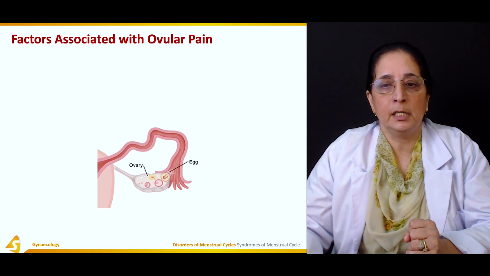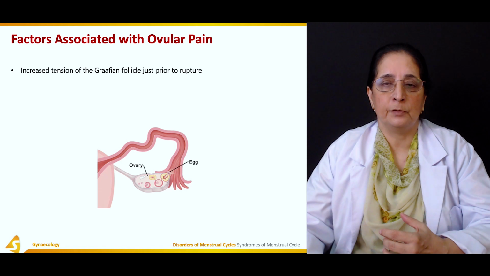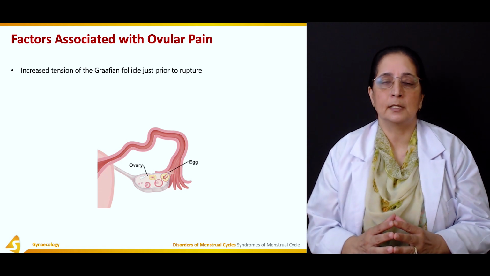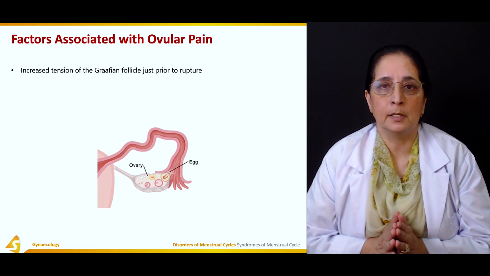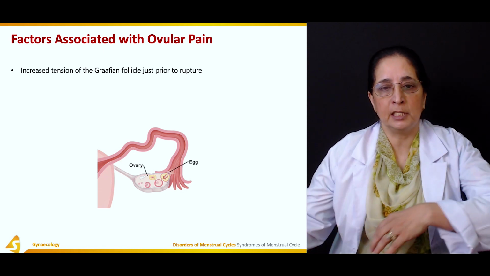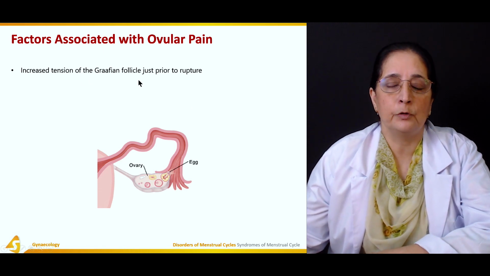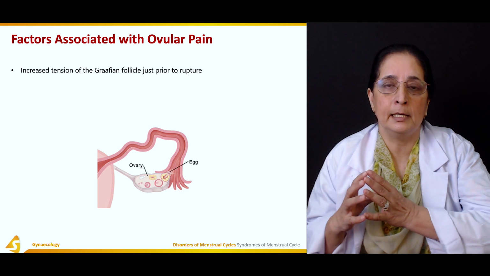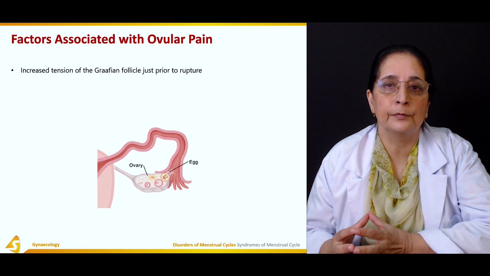Factors associated with ovular pain: usually increased tension. What leads to the pain during Mittelschmerz syndrome is increased tension of the Graafian follicle prior to rupture. This is the time when the follicle is about to rupture for the release of the ova.